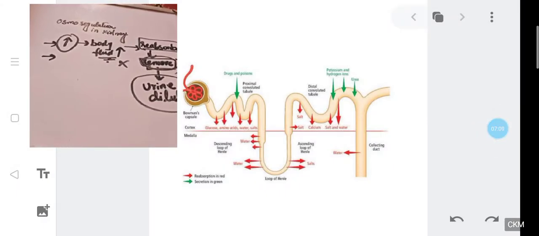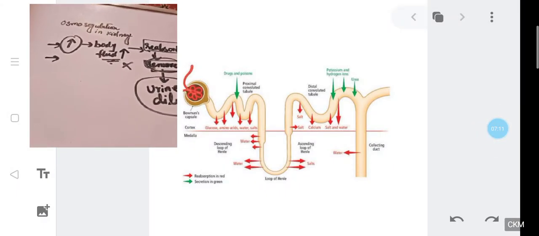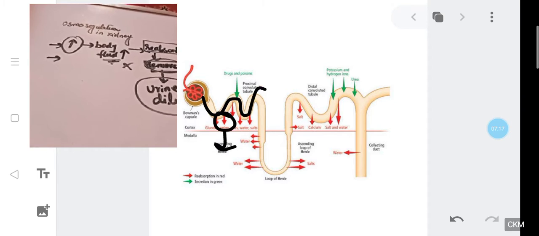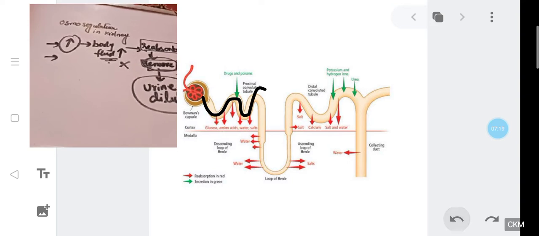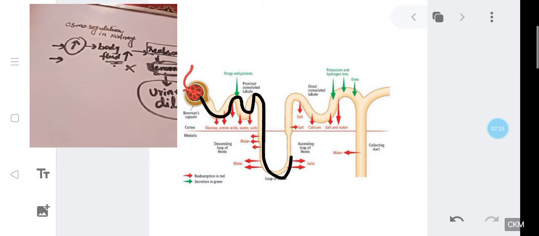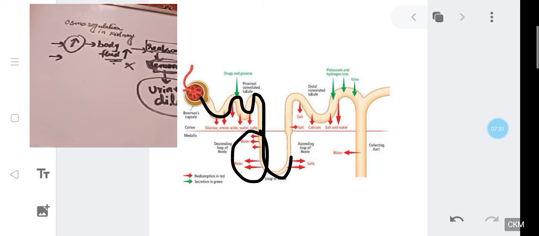In that case, basically, the proximal convoluted tubule is going to reabsorb less water into the blood vessel. It means that more water is going to transfer towards the loop of Henle, and in the loop of Henle, less water is going to reabsorb back into the blood vessels.